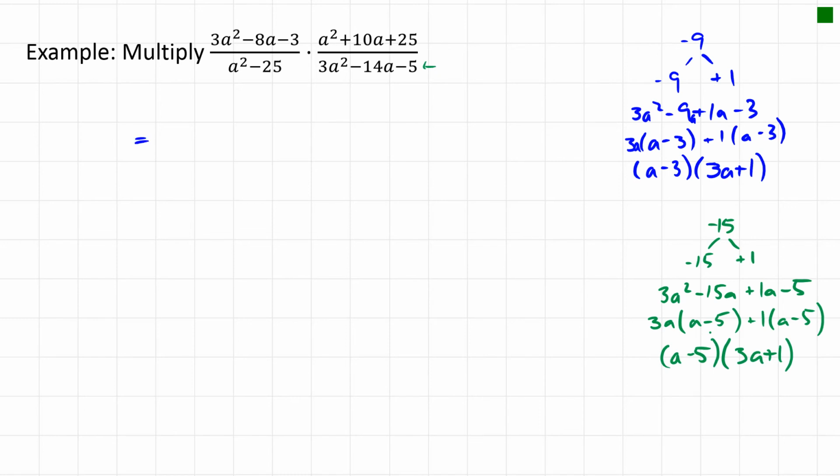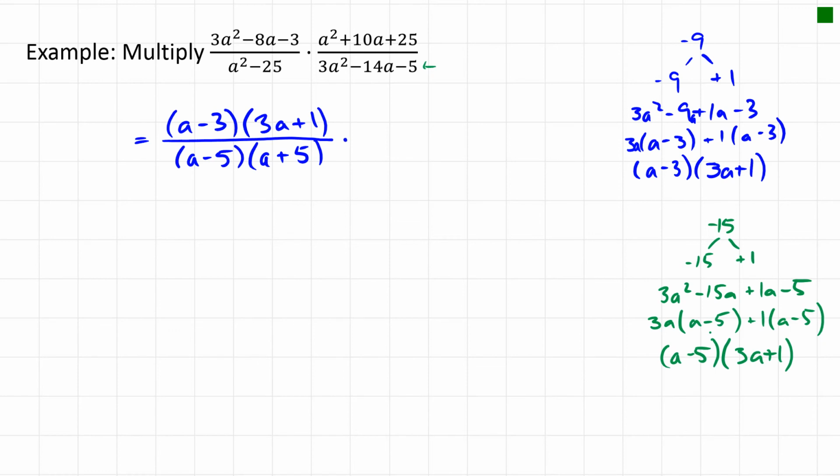And now I'm ready to go back to my fraction and say, okay, that top fraction factored, I should say, is a minus 3 times 3a plus 1. And the bottom fraction is a difference of squares. So this one I didn't have to do off to the side because I'm very comfortable factoring differences of squares. So I'm just going to do that one directly in the problem.